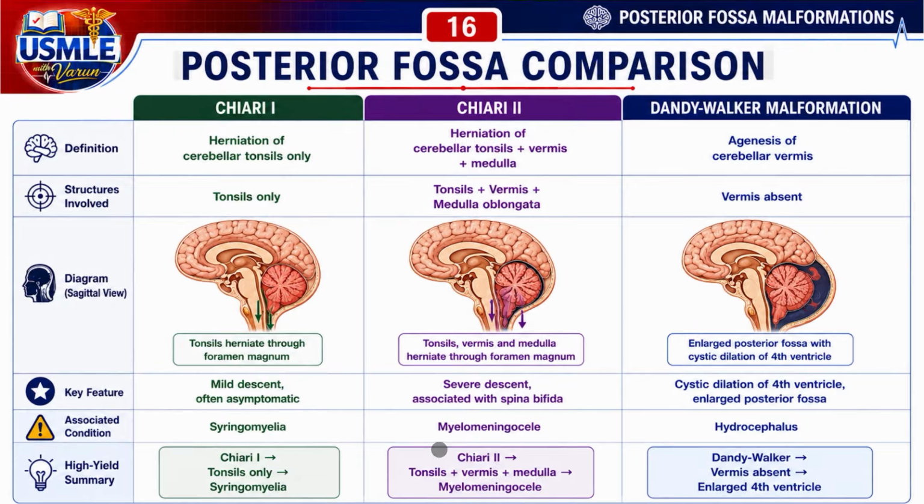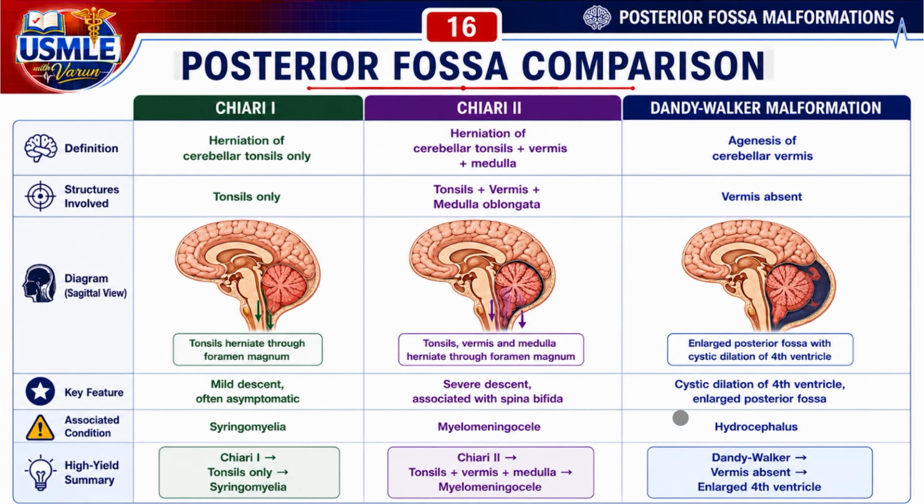Whereas Chiari 2 malformation is associated with severe descent, spina bifida, and also myelomeningocele. In Dandy-Walker malformation, there is cystic dilation of the fourth ventricle and an enlarged posterior fossa. It is associated with hydrocephalus. So in Dandy-Walker malformation, the vermis is absent, and there's an enlarged fourth ventricle.